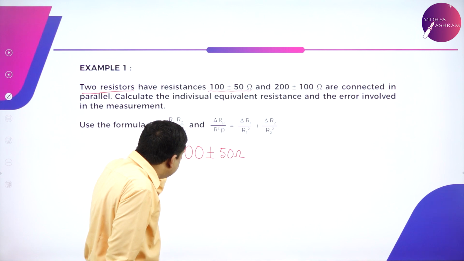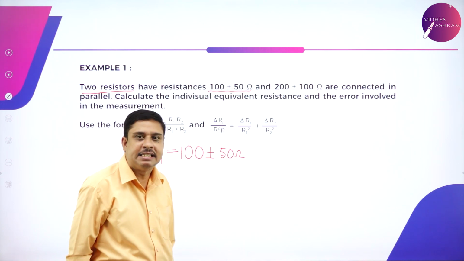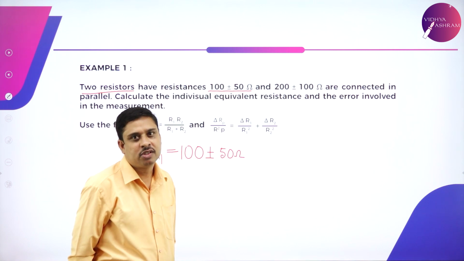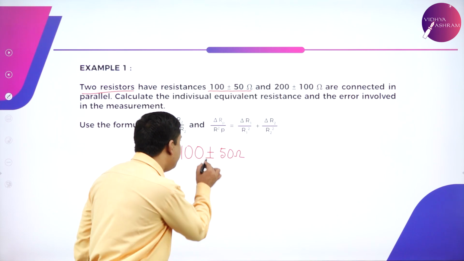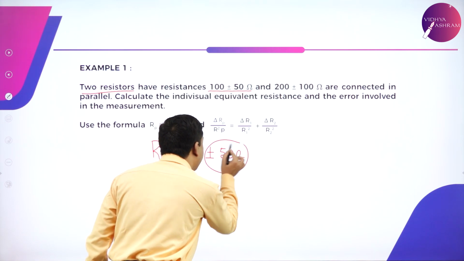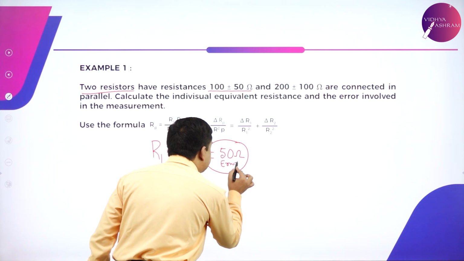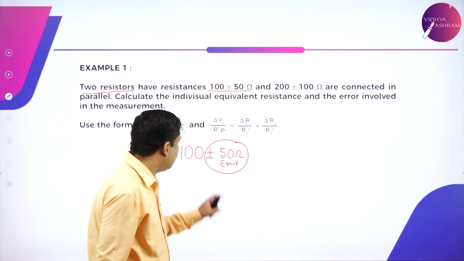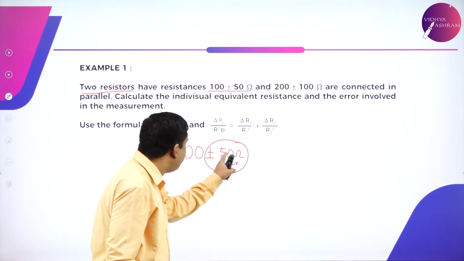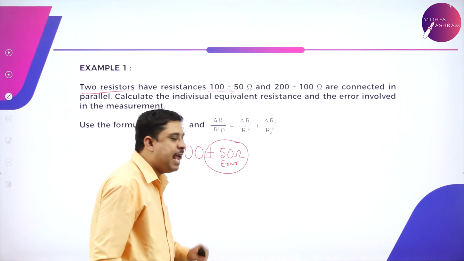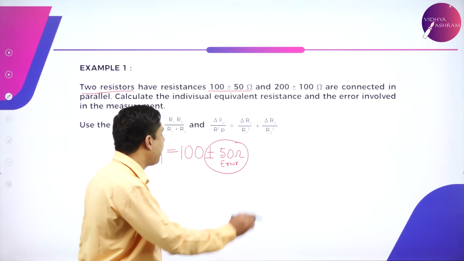How much is the measured value of resistance? 100 ohms. How much is the error? Sir, I know, sir. Because of plus or minus 50 ohms is the error. So 100 plus or minus 50 ohms. Error is plus or minus 50 ohms.